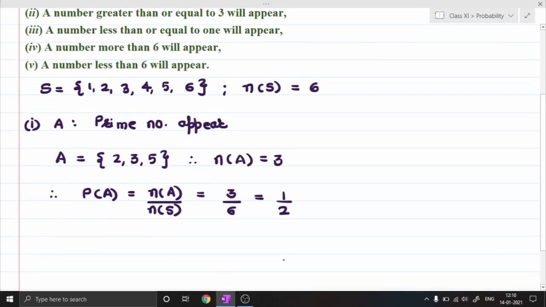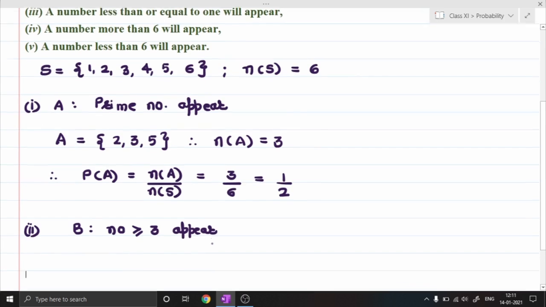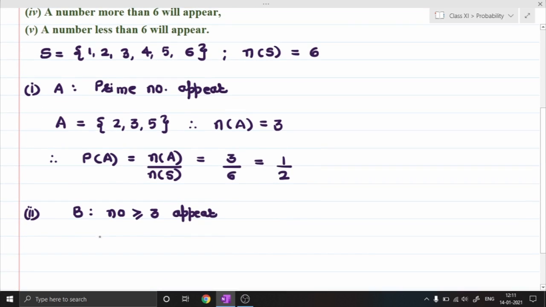Look at part B: a number greater than or equal to 3 will appear. Here we define the second event, B: number greater than or equal to 3 appears. The number is either 3 or more than 3, so there will be 4 numbers: 3, 4, 5, 6.